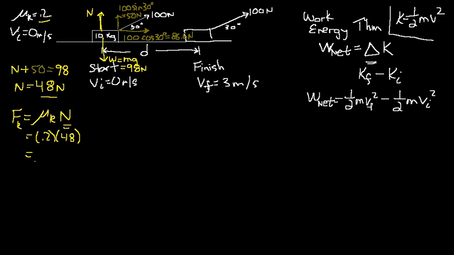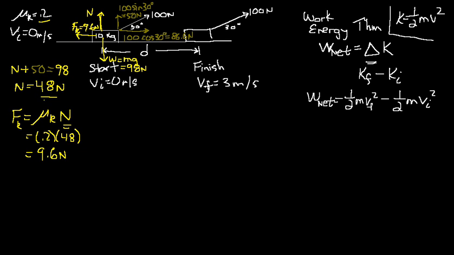And what is that going to do for us as far as friction is concerned? I think I did this before. Yes, it's 9.6 newtons. That's friction. So which direction is friction? Friction's going this way, opposite to the motion. So here's our force of kinetic friction, and that we're going to say is 9.6 newtons.